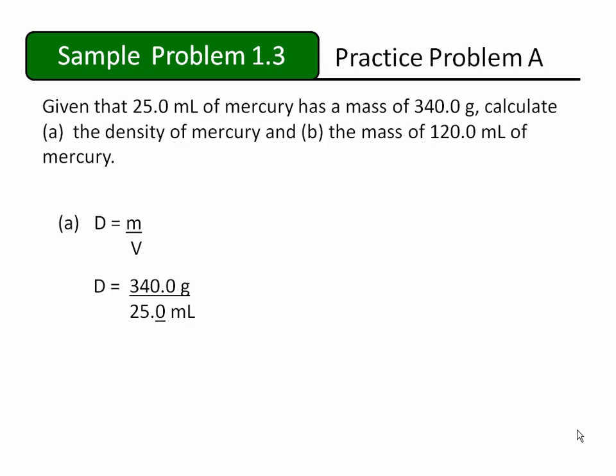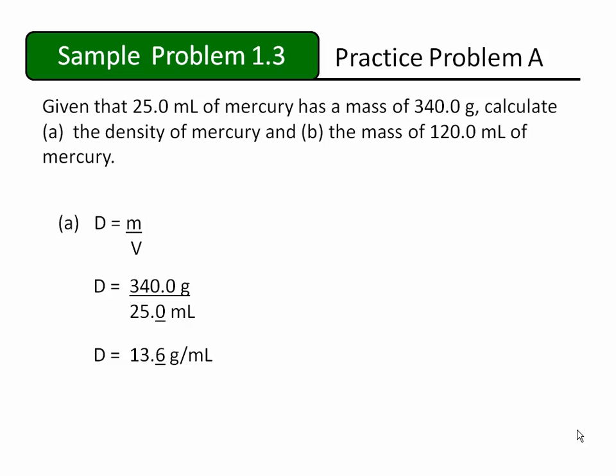Calculating the density of mercury is pretty straightforward here. We take our mass of 340 grams and divide it by the volume of 25.0 milliliters. The calculator says that the value is 13.6, and we have to record the units on this value as grams per milliliter.